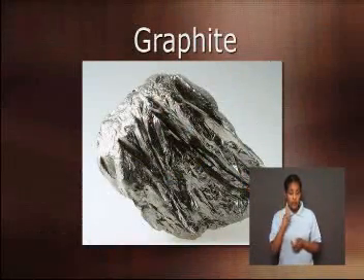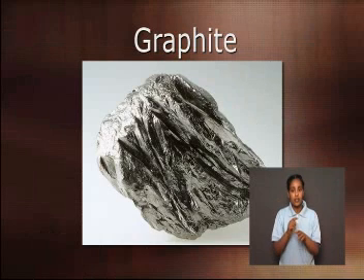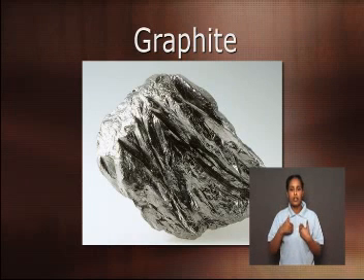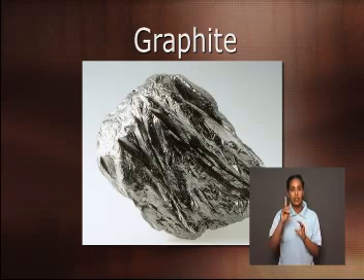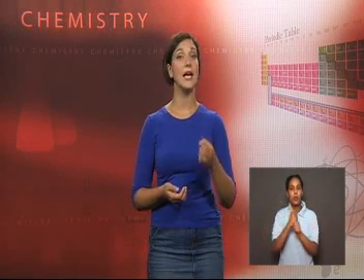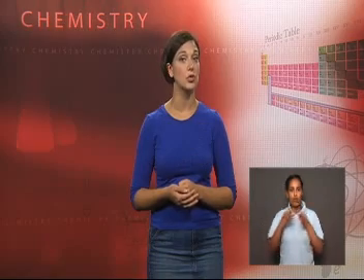Graphite occurs as stacked flat sheets of hexagonal carbon rings. It has a strong sigma bond framework and delocalized pi electrons throughout the sheet. These delocalized electrons make graphite a good conductor of electricity.